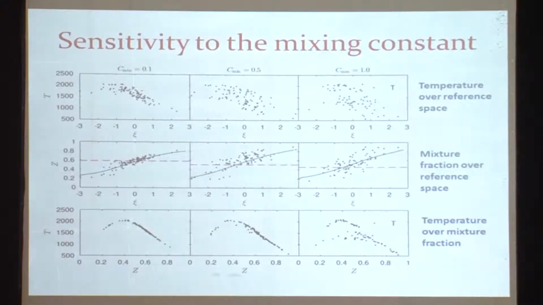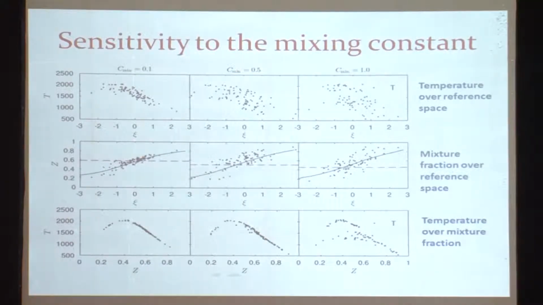Okay, so here is a sensitivity study with different values of the mixing constant. We have used 3 different mixing constants, 0.1, 0.5 and 1, and you see that if I increase the mixing constant, the particles are actually scattered a lot.